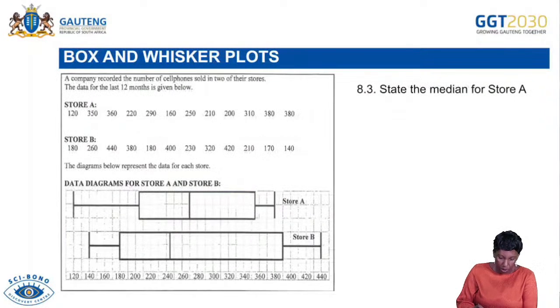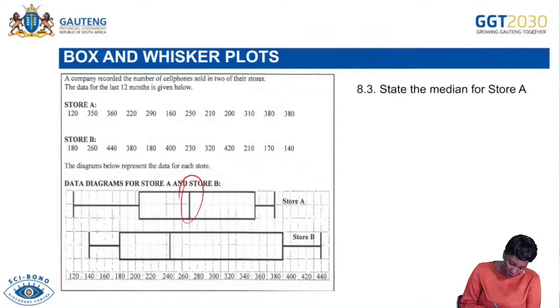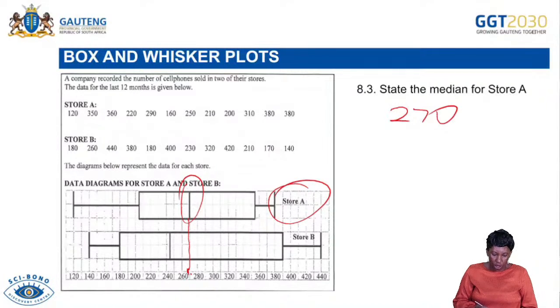So boys and girls, I had prepared a lot for you. Even if you can check it, it says state the median for store A. Now here's our store A, and then here's our median. Remember, we said median is the middle number. And then it will be 270. Can you see? I have already identified the median of store A, which is 270 based on the box and whisker.